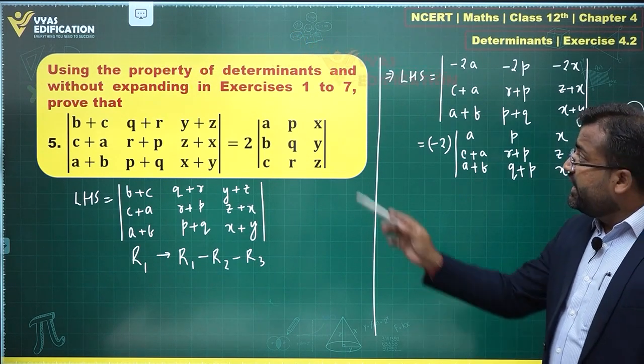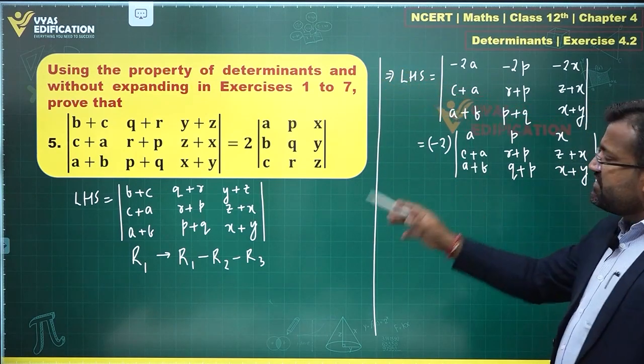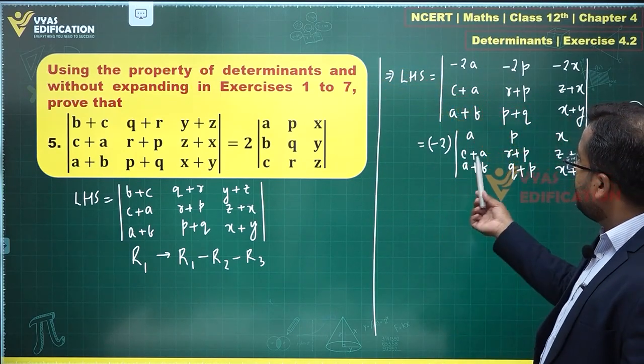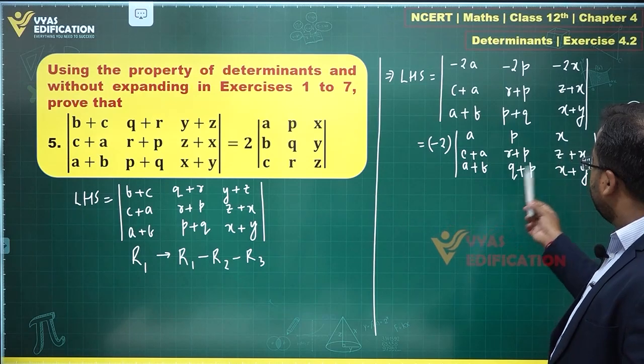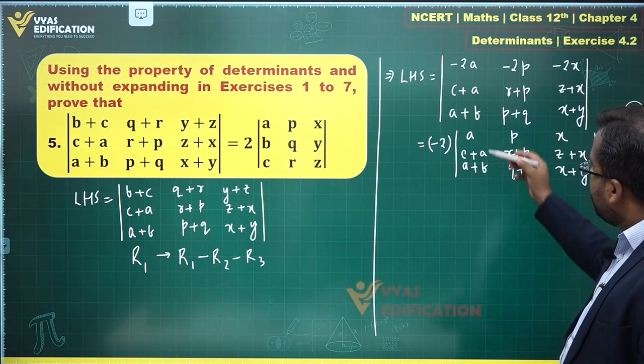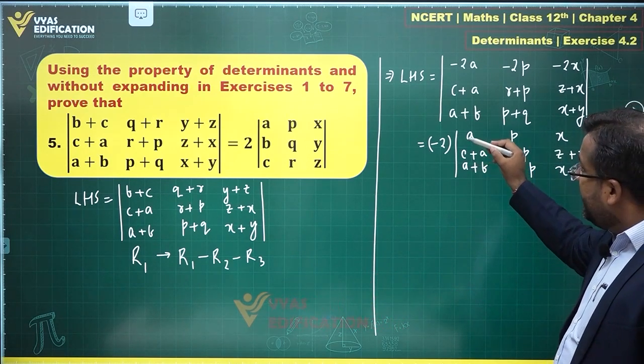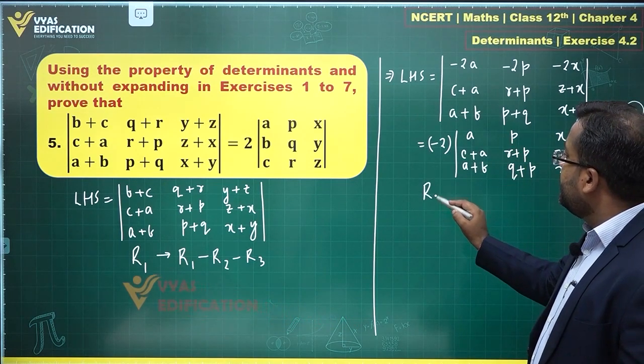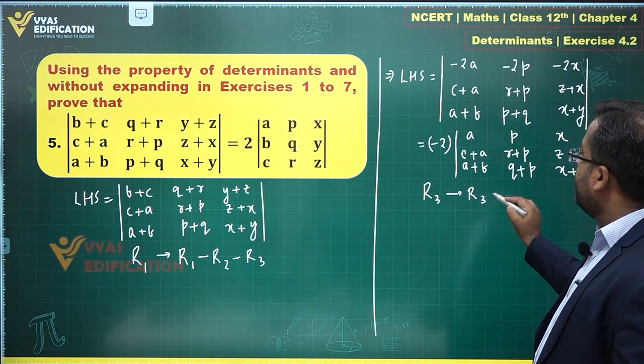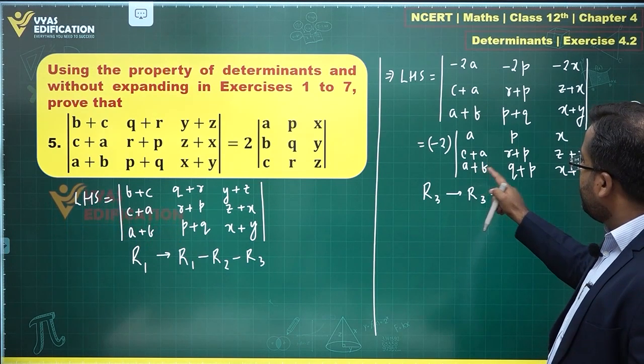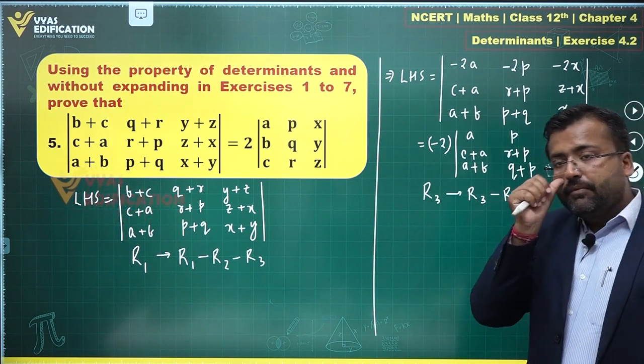The first target on the right hand side, we have a p x, we have obtained that. The next we need b q y over here. There's no b over here, but there's a b q y. We can subtract this r3 and r1. So r3 can be replaced by r3 minus r1 to give me b, q and y.